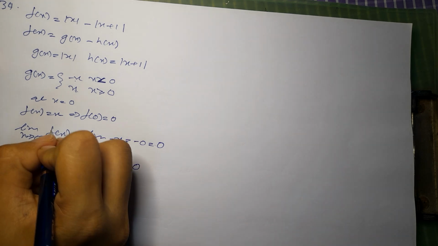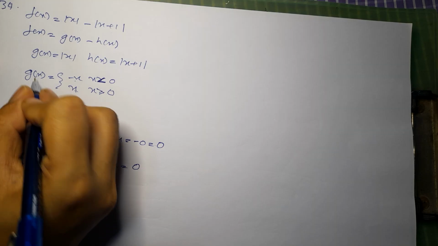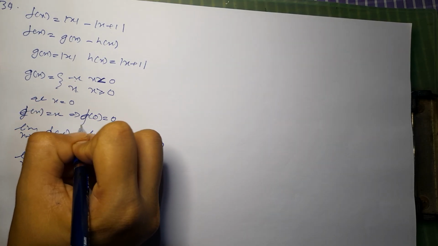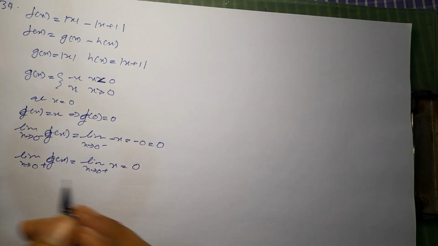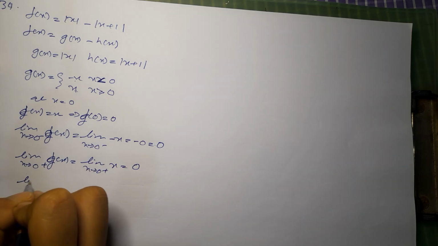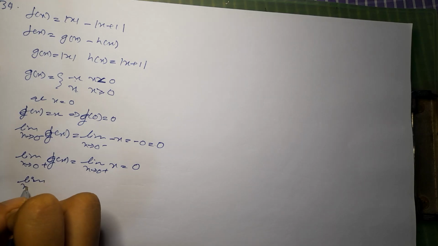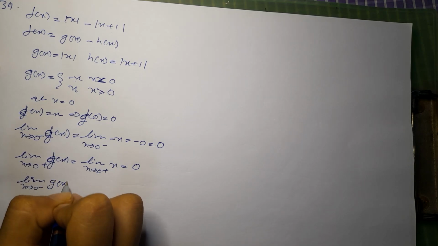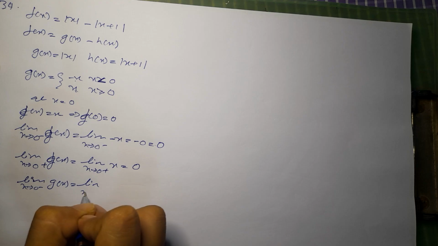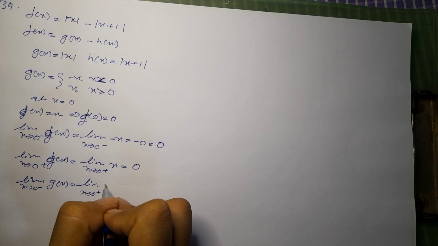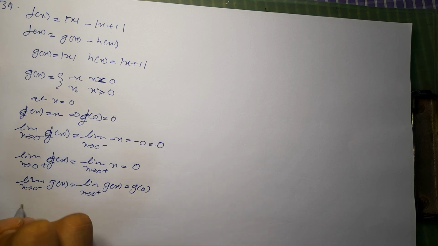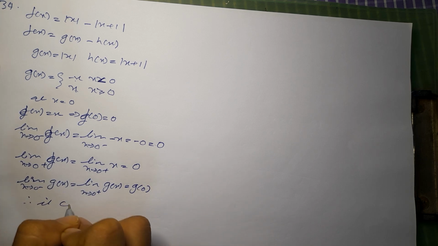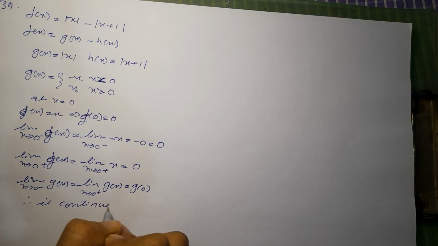It will be g(x), not f(x). So limit x tends to 0 minus g(x) is equal to limit x tends to 0 plus g(x) equal to g(0). So it is continuous at x equal to 0.